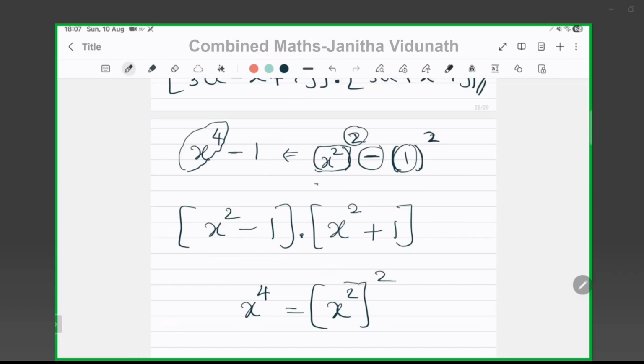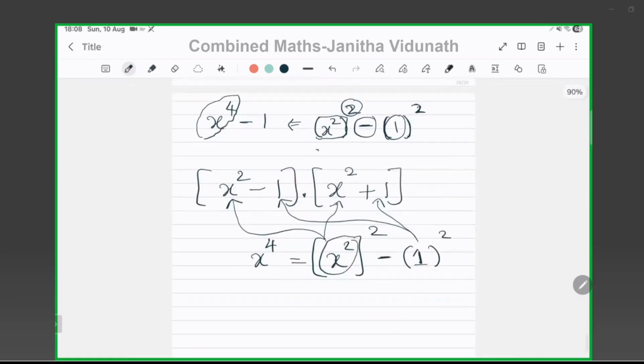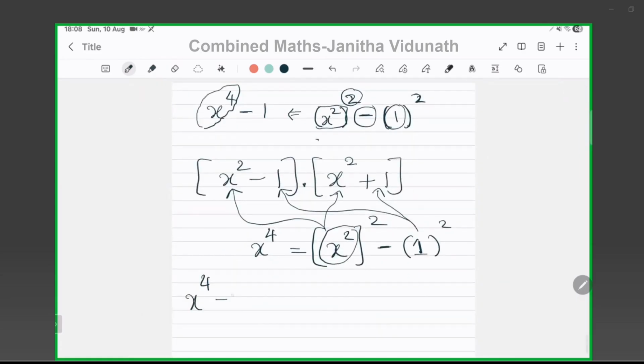Inside the power 2 we have x to the power 2, so the first term is x to the power 2, and we have the minus sign. Then the second term's square is 1. Then we have x to the power 4 minus 1 as x square minus 1 times x square plus 1.